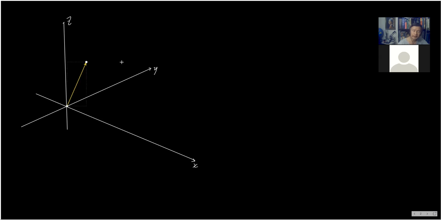You have two vectors, do you agree? And you want to use these two vectors to determine the plane, right? Yeah.